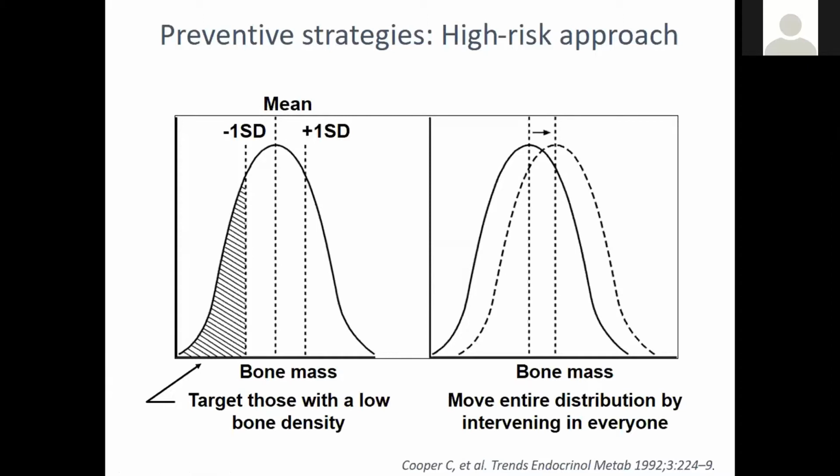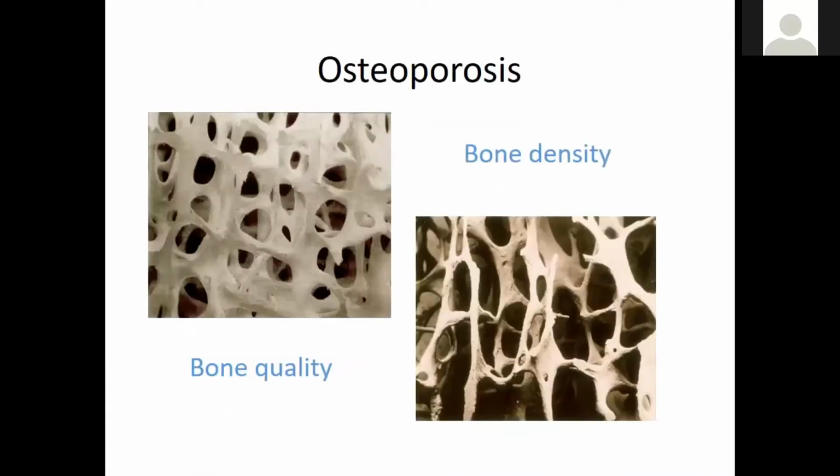And we've already heard that nationally and internationally we miss a lot of these vulnerable individuals. So it's important that we find ways to capture these people. When we think about osteoporosis, and you've already seen a slide a little bit like this evening, we have a double hit, if you like.